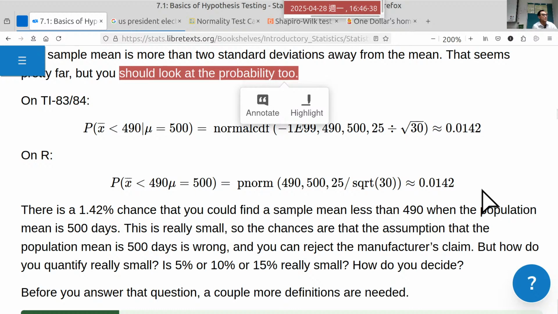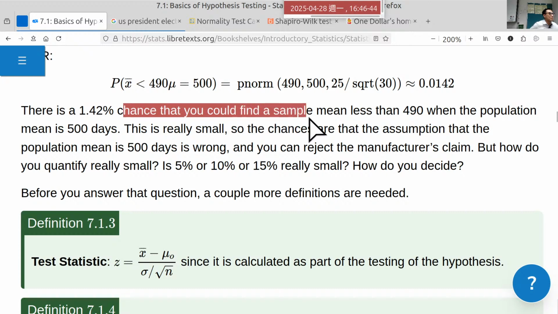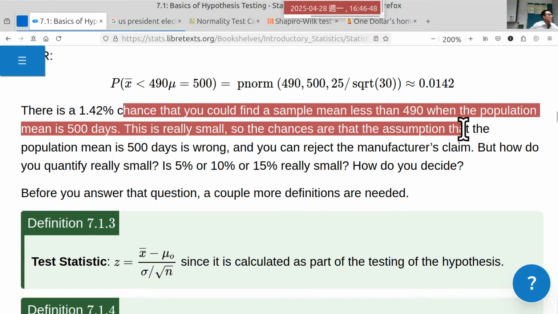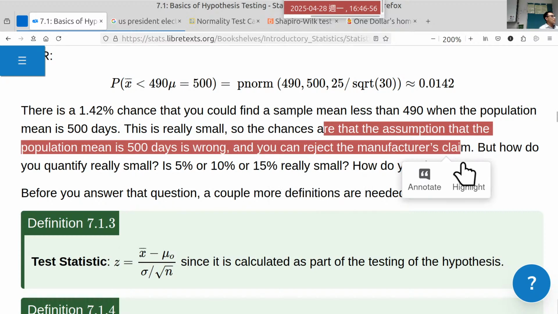The probability is very, very low. There is a 1.40% chance that you could find a sample mean less than 490 when the population mean is 500 days. That is really small. So the assumption that the population mean is 500 days is probably wrong.